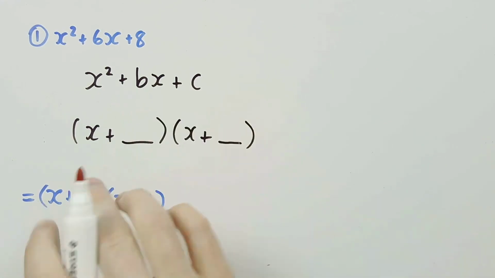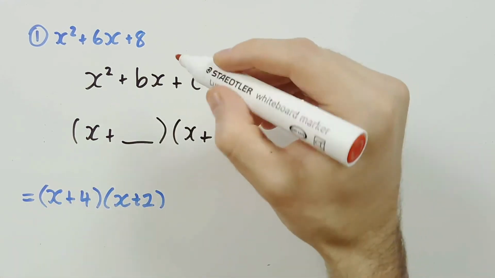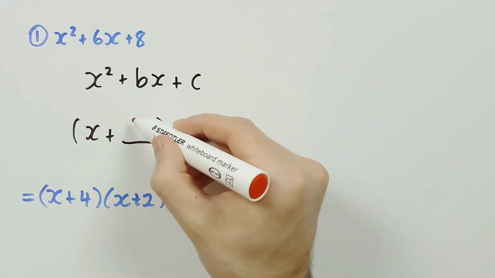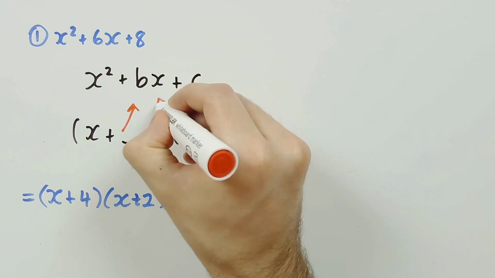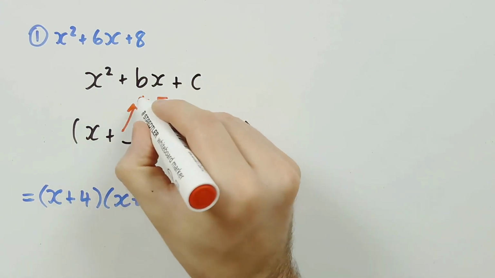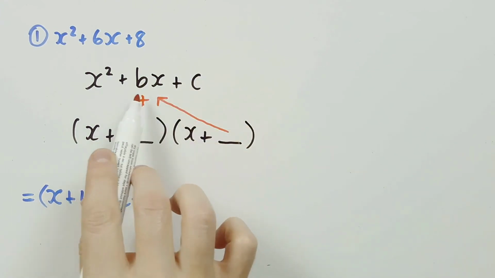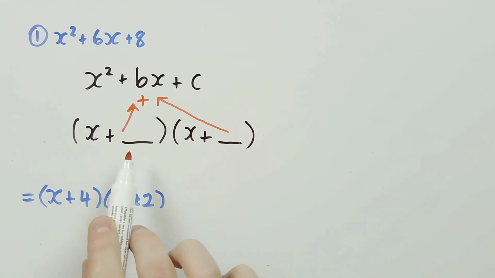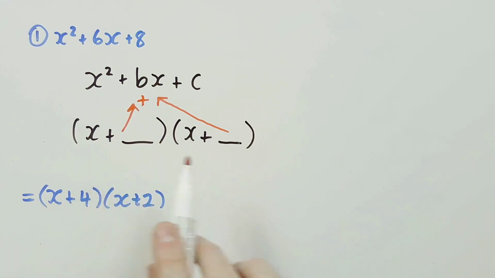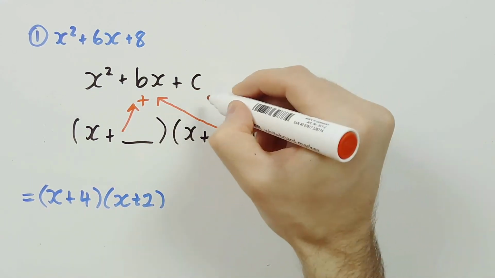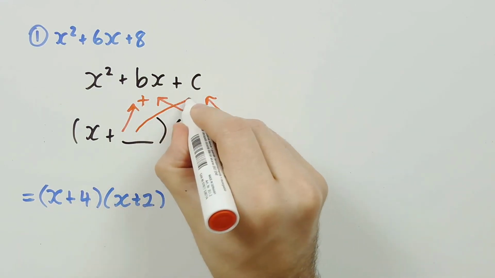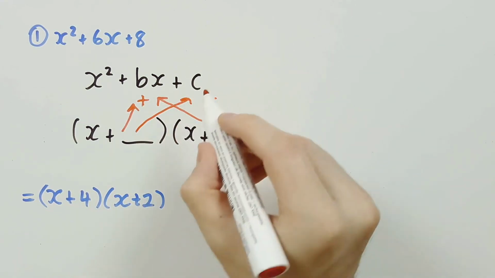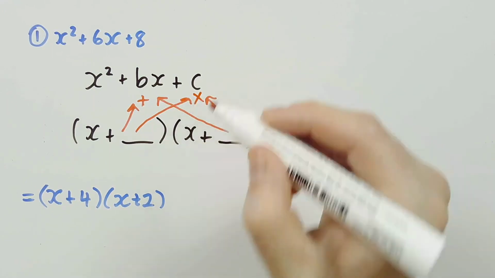What we do, for this splitting the middle term technique, is we split this middle term across these 2 values, and what we're looking for here is a value b that adds together and half goes to each of our set of brackets. And then what we're looking for our value c is also a combination of both of these terms, however, multiplied together.